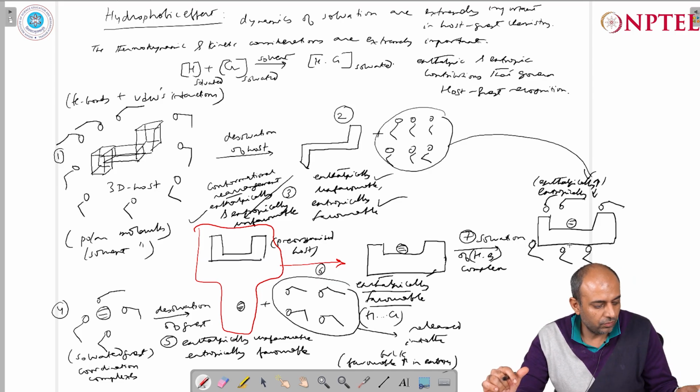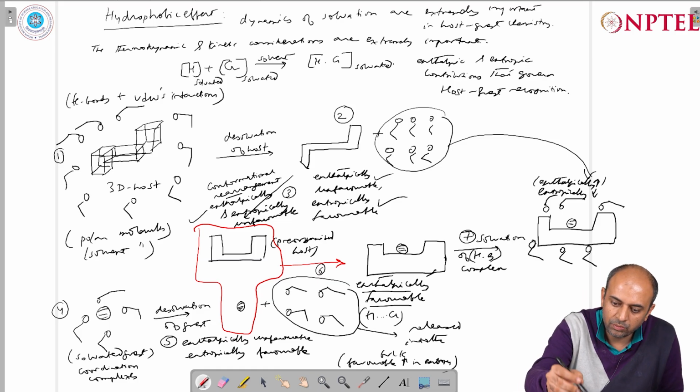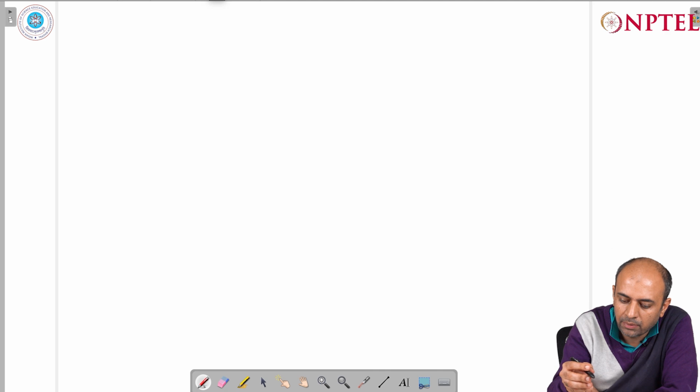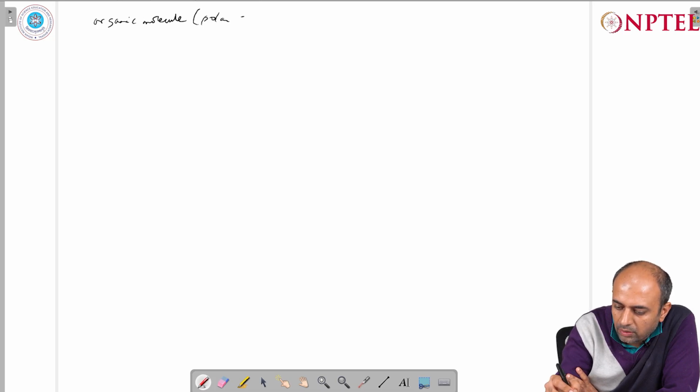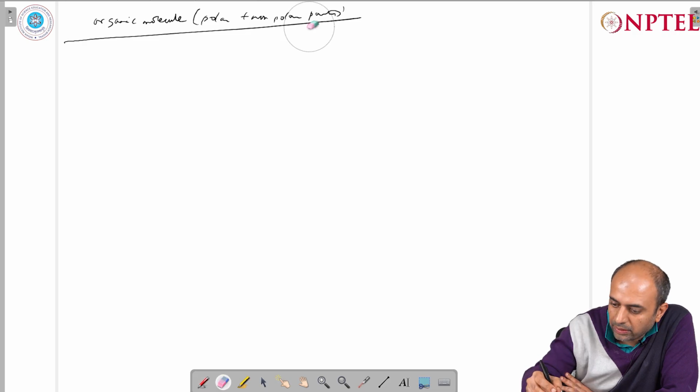And we can take one particular example just to illustrate this effect. For example, say you have an organic molecule which has polar plus non-polar parts.